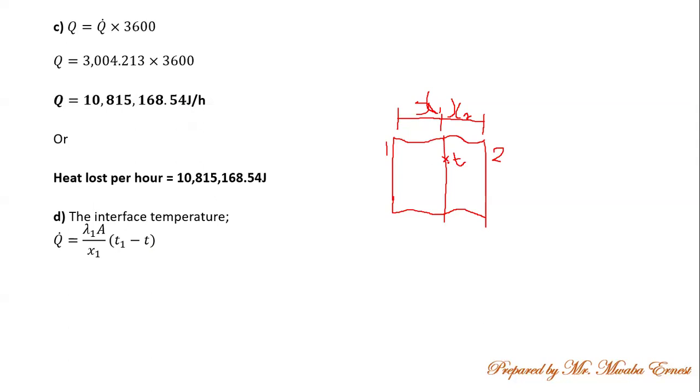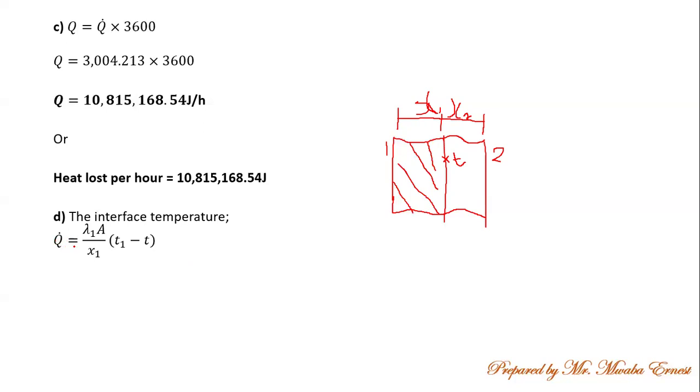So that's why I'll just consider this part of the wall and I'll get my interface temperature. Interestingly, even if you decide to use the other part of the wall, you still get the same answer. But you use 2 here, and in the expression, you're going to have T minus T2. The result will still be the same. Let's go back to our working.